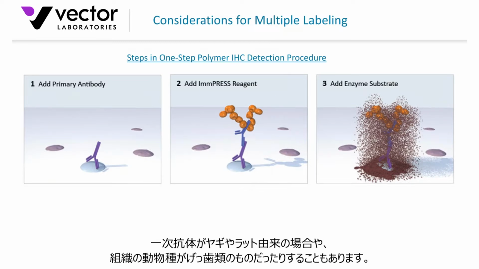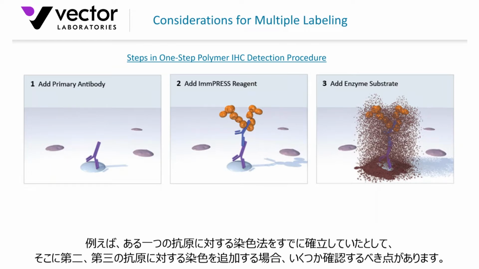Indeed, different primary antibodies could be raised in a goat, rat, things like that. You know, and you don't get to decide what sort of specimen your tissue is from, and it could be rodent-based, for example.